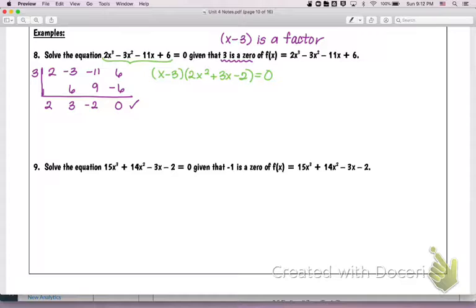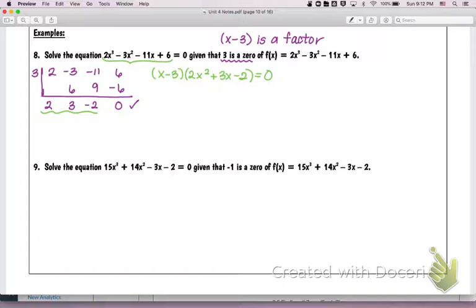And that's equal to 0 because that's the equation we're solving. How do I know that? Because x minus 3 divided out of that evenly. And once I divided it out, this polynomial is what we were left with.